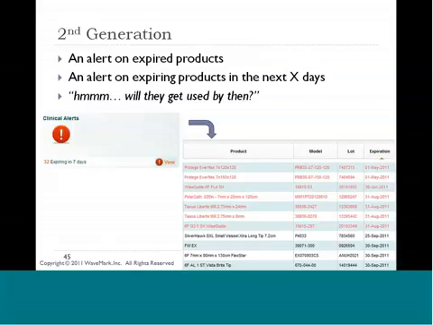The user clicks on this alert, sees the products, looks at them, and decides what to do. The problem is that you look at products that will expire in the next, let's say, 7 days, and you wonder, are they going to get used in the next 7 days or not? I can maybe take some actions, but I actually don't know what to do. I just know that now I have the data in front of me.